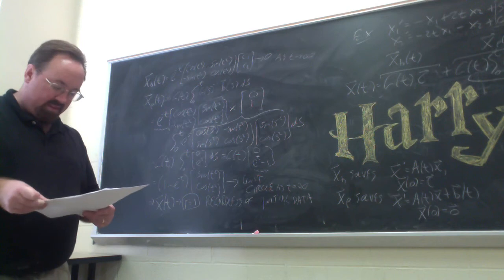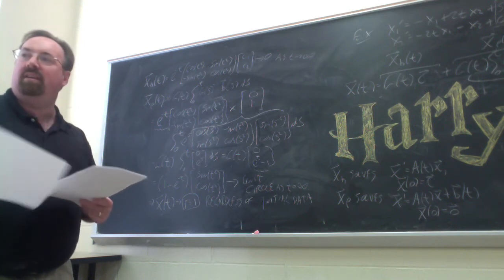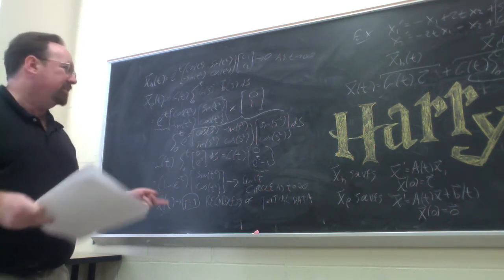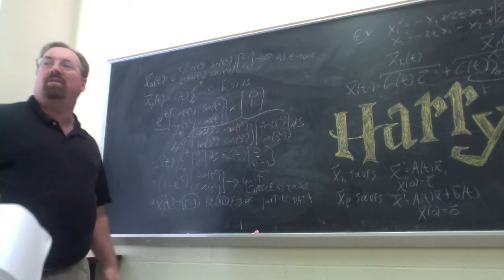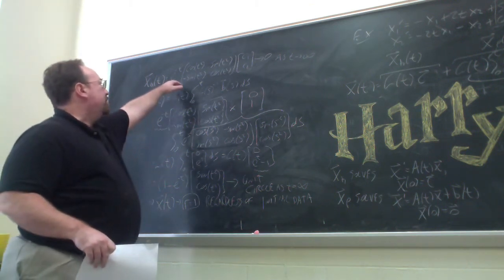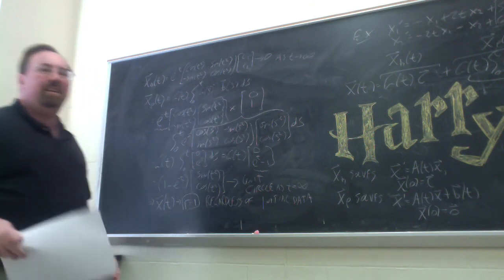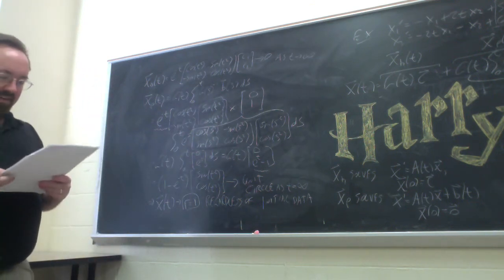So the homogeneous part goes to 0 regardless, and the particular solution is just going to go to the circle, so this parasitic part is just going to go away. Okay.